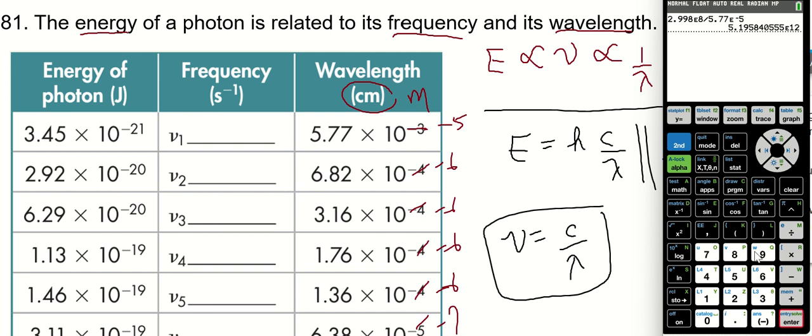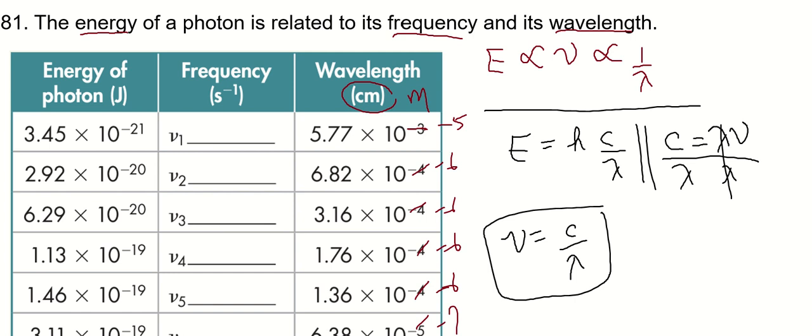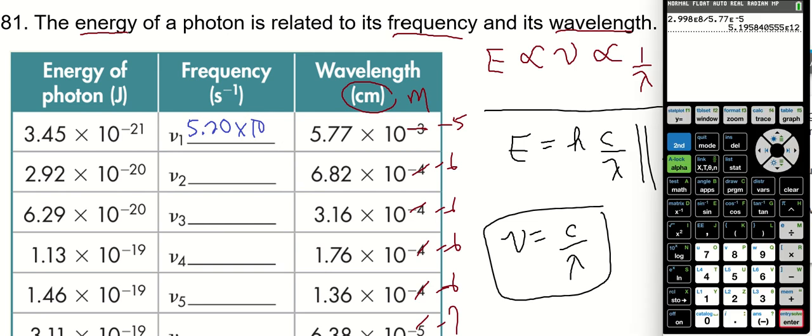That's the frequency. Let's get this to 3 significant figures, because all the numbers they give us are 3 significant figures. So 5.20 times 10 to the 12.